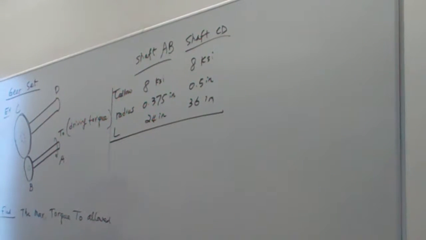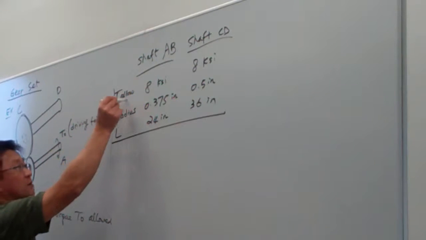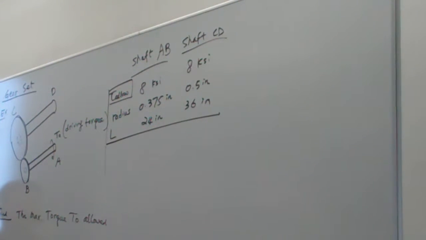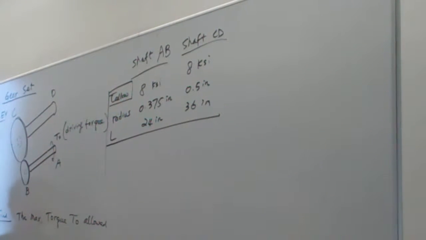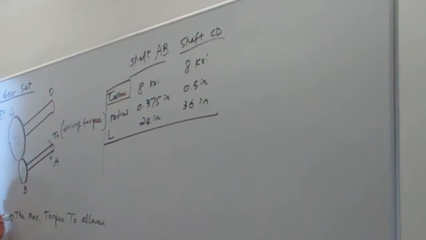Okay, we have this information, and here we are given the allowable stress. So that means our applied torque shouldn't exceed the maximum stress over the two shafts. So this is one.